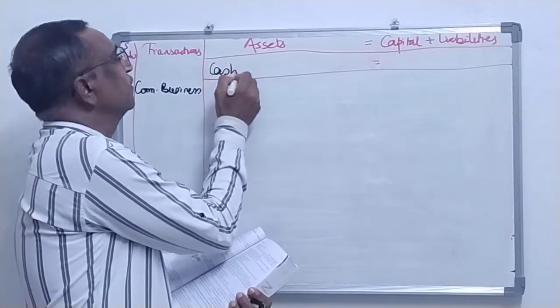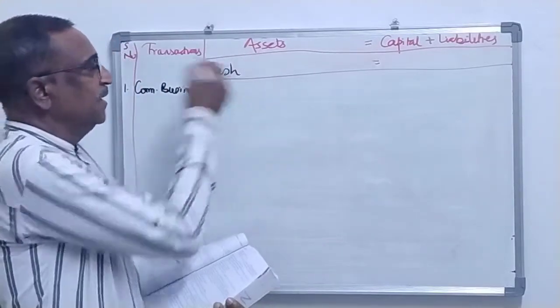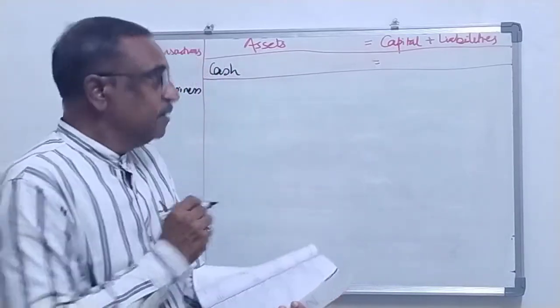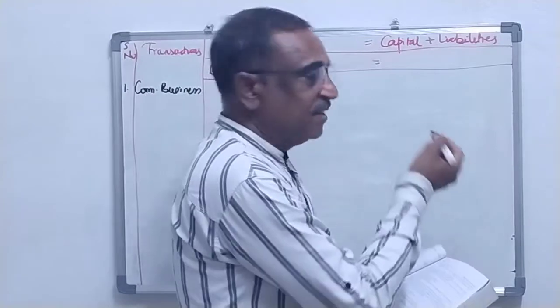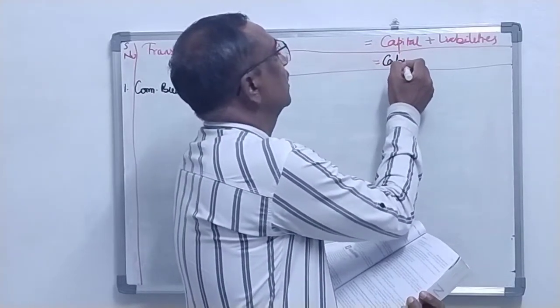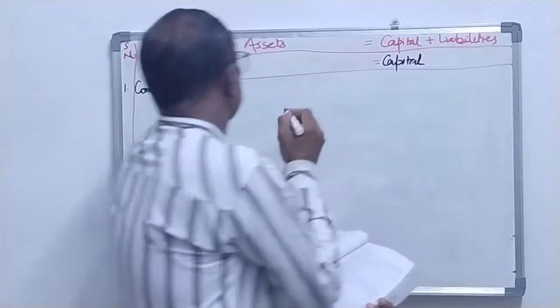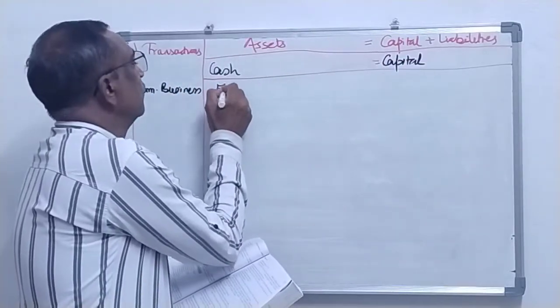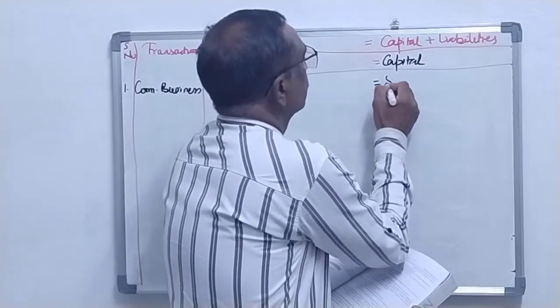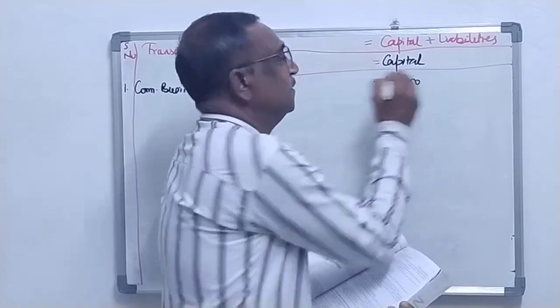So we open up cash under assets. And why is he bringing cash? Because he is investing in the business. When you invest in the business, it becomes your capital. So 50,000. Simple.